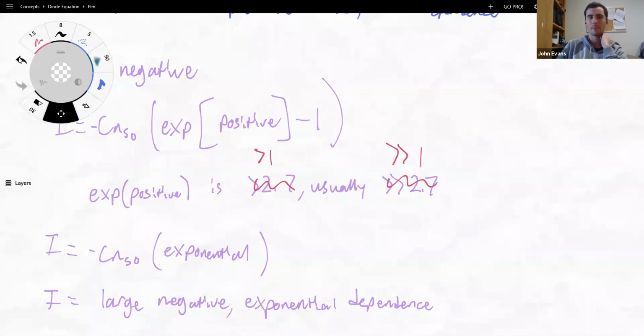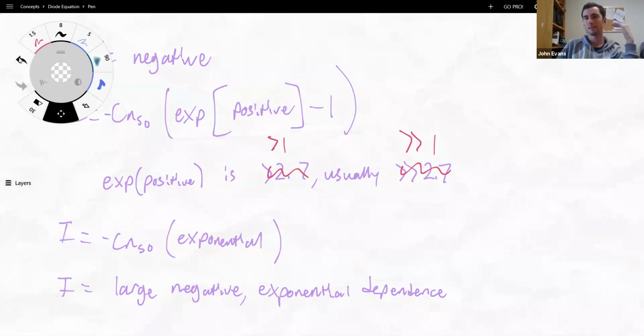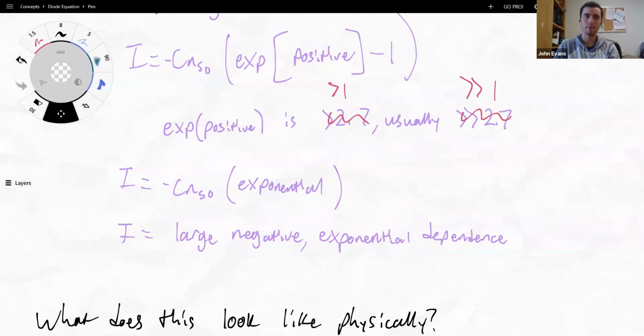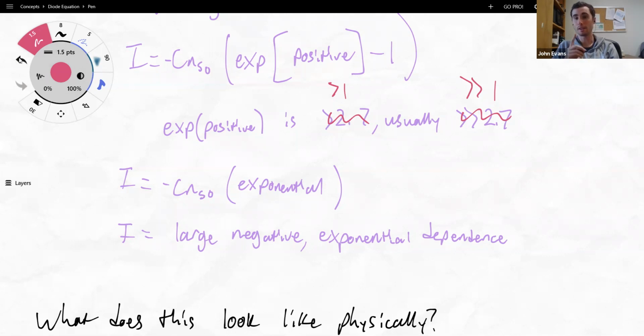Right, and instead of being bounded by an upper bound, we are now only bounded by a lower bound. And so in this case, the current is going to be at least, it could be 0, right? So we'll get to that actually.